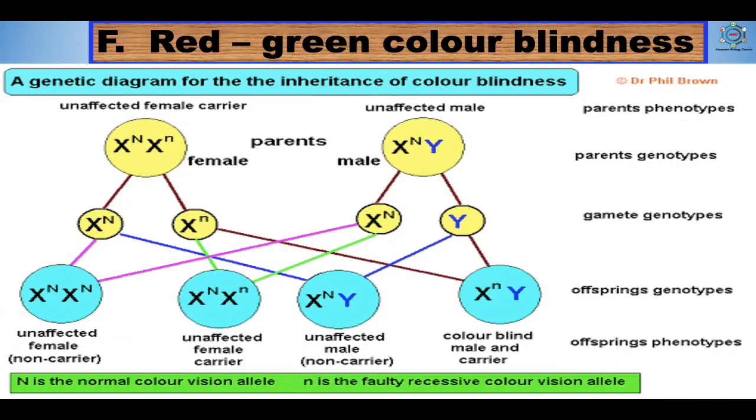After this, here you can see the inheritance in case of the red-green color blindness. Male has one X chromosome and one Y chromosome. The gene for color blindness lies in the X chromosome and is able to produce the disorder because there is no homologous gene in the Y chromosome to check its expression. Female has two X chromosomes.